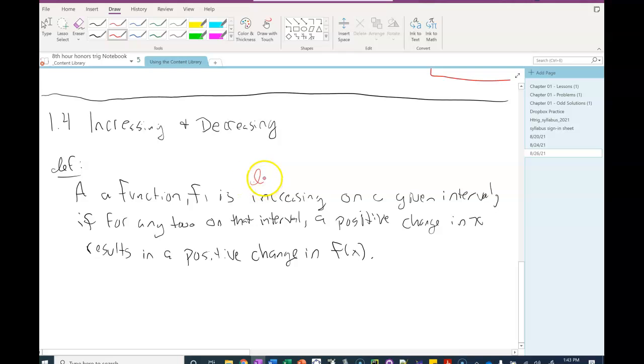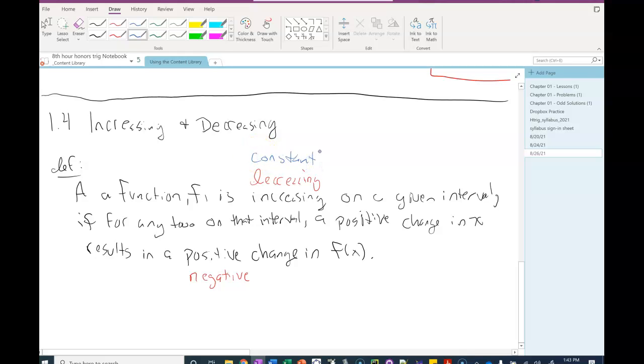For the definition for decreasing, we change one word. Instead of a positive change in f of x, we have a negative change in f of x. Rather than rewriting that entire definition, I'm just going to write the different word there.